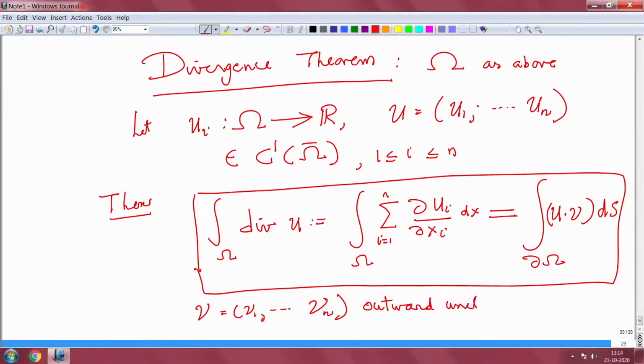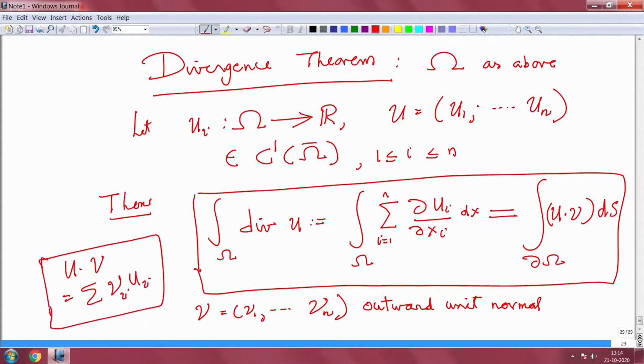We are assuming we are taking domains which have an outward unit normal as a function of x. And u dot nu, of course, is the summation of nu_i u_i.